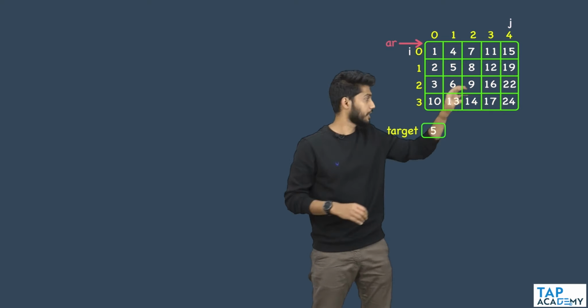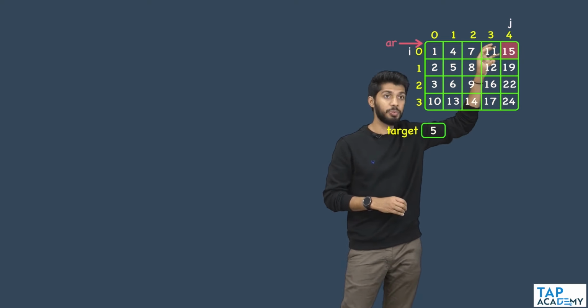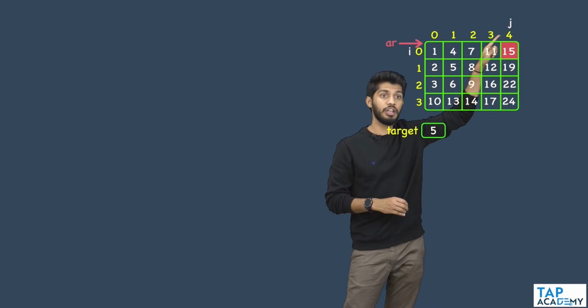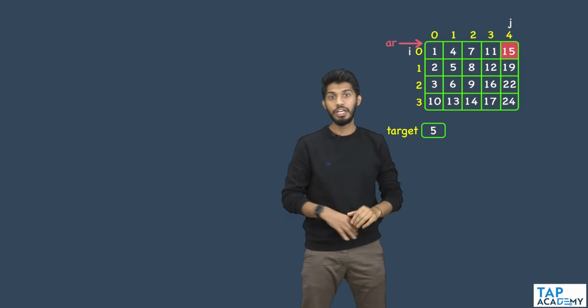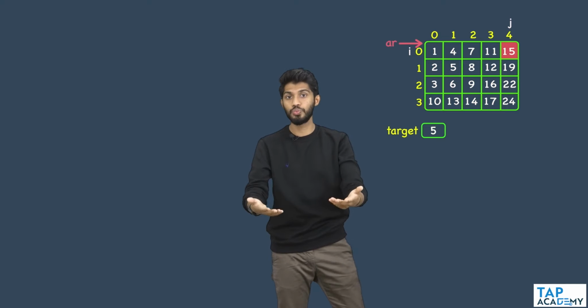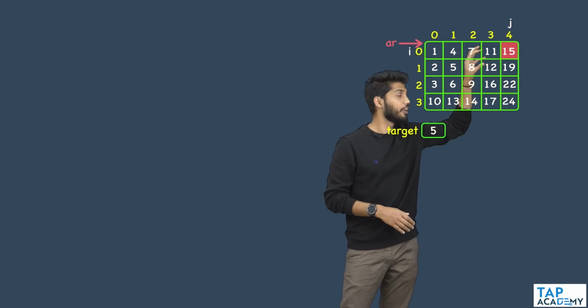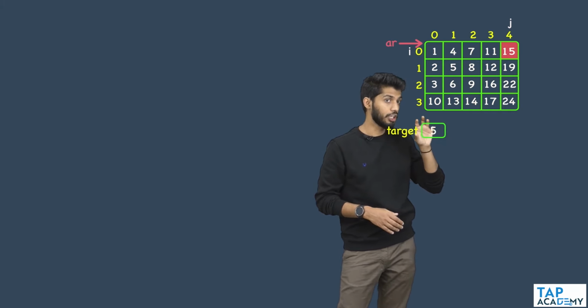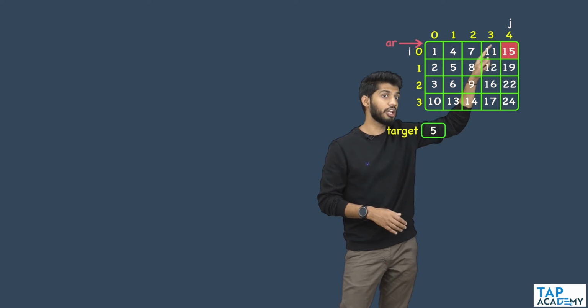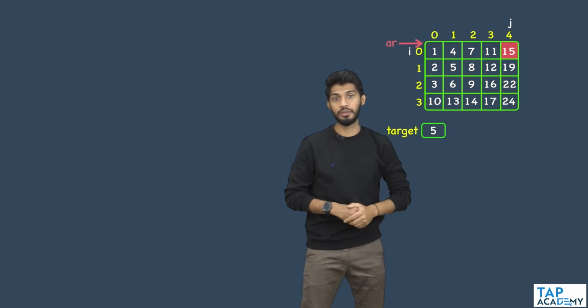What I would do is, I will check whether the element present at this particular index, that is i and j, is the element that I am searching for. Means, is that the target element? If it is the target element, I will return true. Or else I need to check whether the element I am searching for is smaller than this particular element or greater than this element.